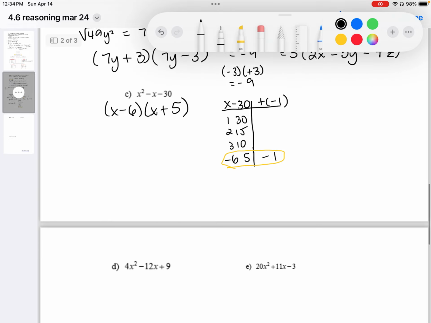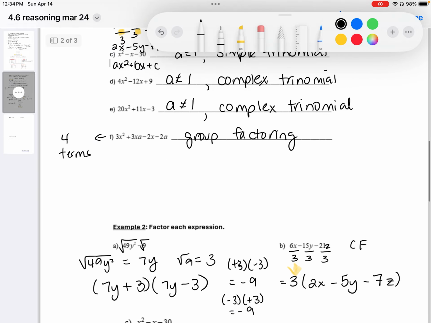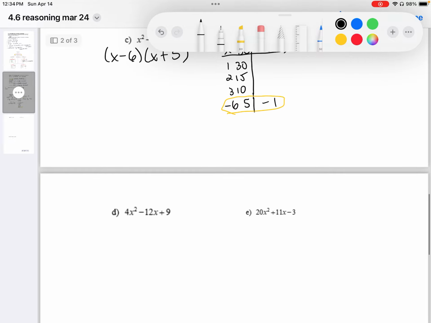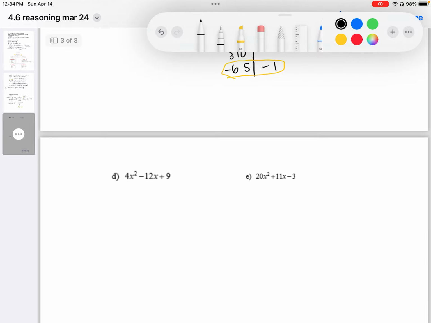Okay, so the next two that are complex trinomial factoring, what I'll do is I'll do D with decomposition, and then I'll do E with the box, just so that you have the two different kinds.